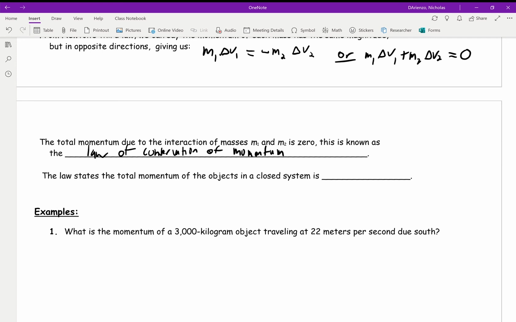This is really only going to work for objects in a closed system, which is more theoretical than practical. And the total momentum in this closed system between one or more objects would have to be constant. We'll stop there for today.